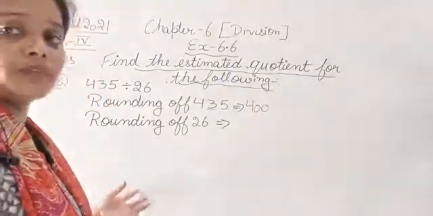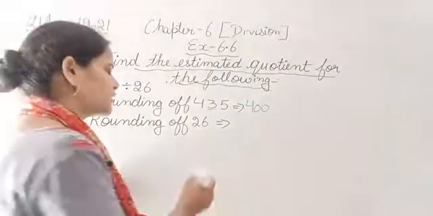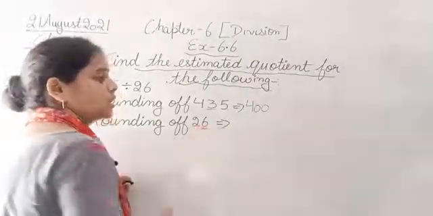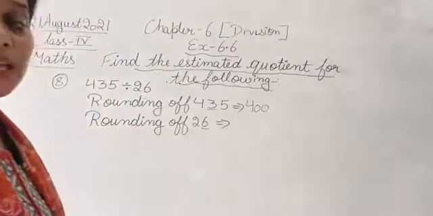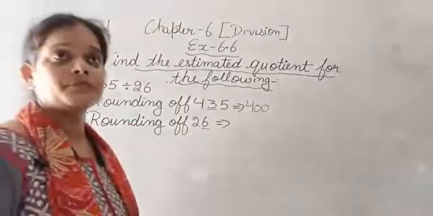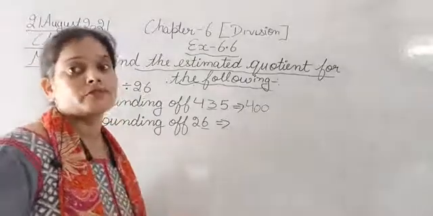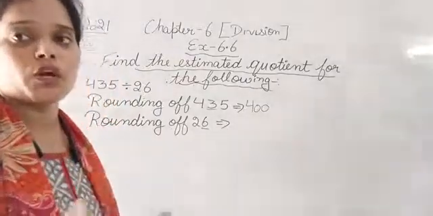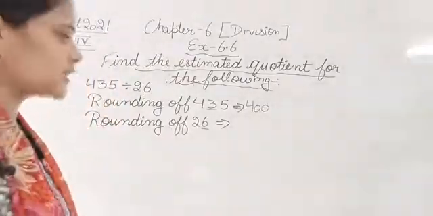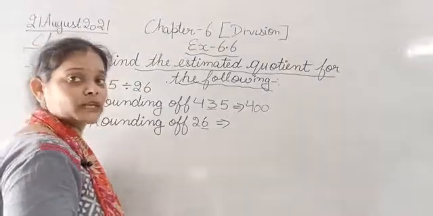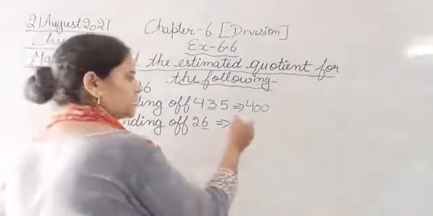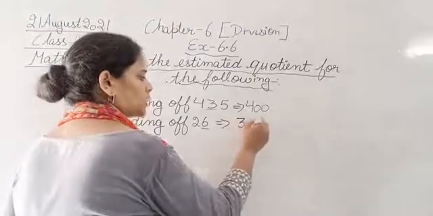We observe the digit at the ones place. At the ones place we have 6, which is greater than 5, so we are going to round it off to the next tens. When we round off 26 to the next tens, the number becomes 30.